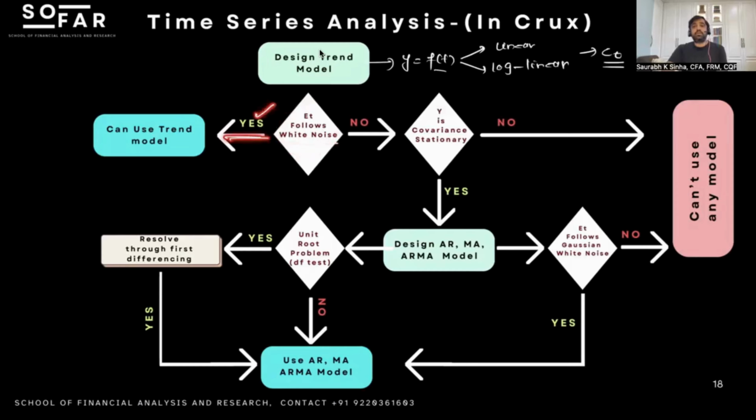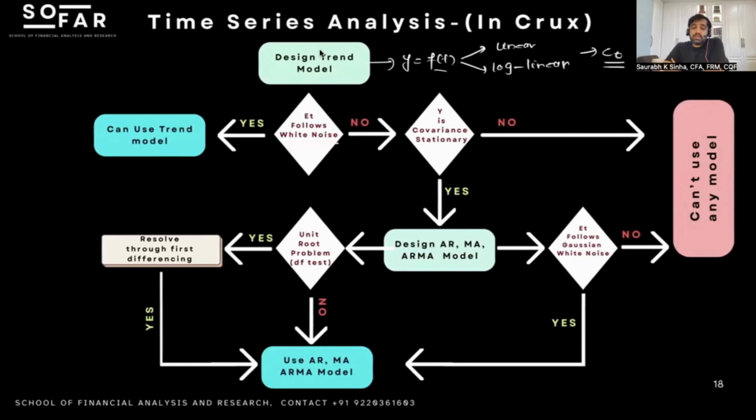Yes, it follows white noise. You can use the trend model, whether it is linear or log linear. What you have to test for is whether the error term follows the white noise process or not. And I have not written Gaussian white noise, so that is not a condition. That is the requisite to use the trend model. Perfect. If not, if it doesn't follow the white noise process, no, it doesn't.